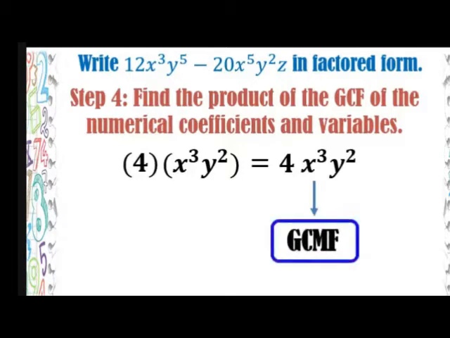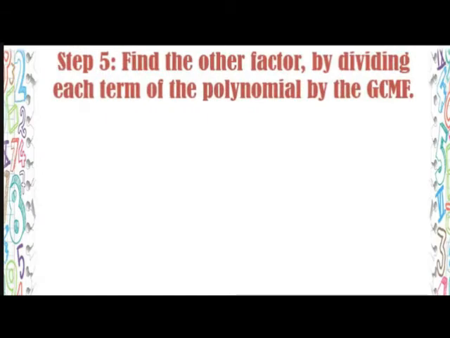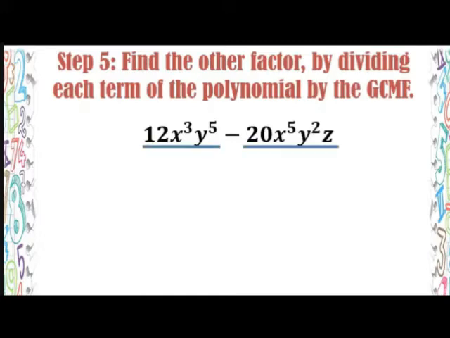This is now the GCMF. Step 5. Find the other factor by dividing each term of the polynomial by the GCF. The given is 12x cubed y raised to 5 minus 20x raised to 5 y squared z. We will divide the two terms by the GCMF, which is 4x cubed y squared.